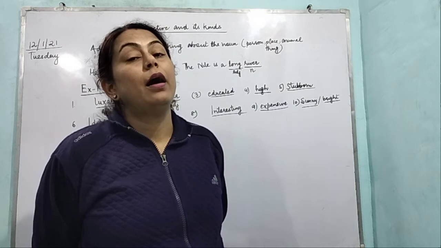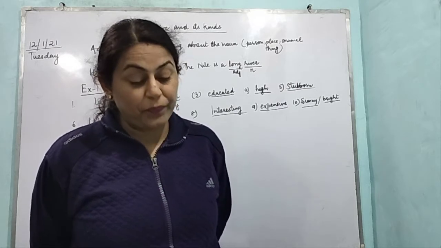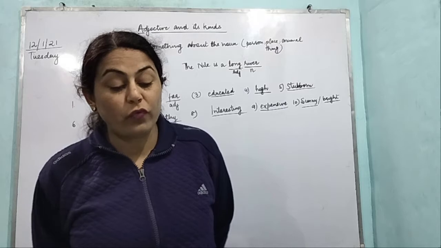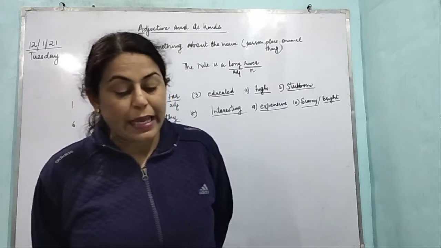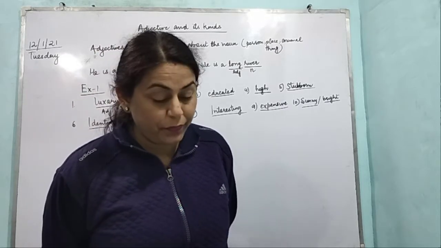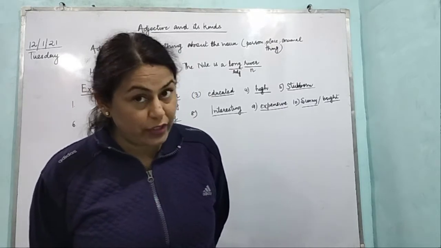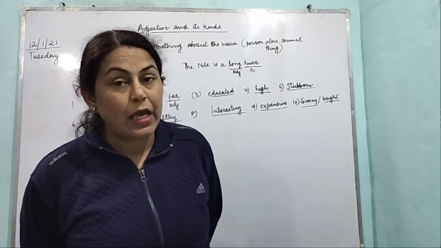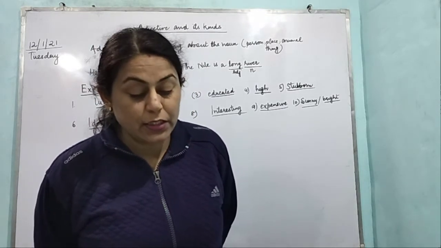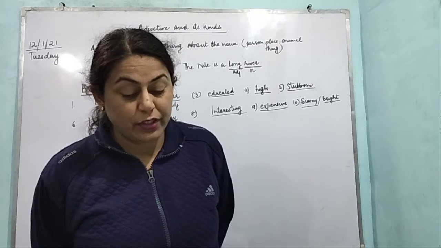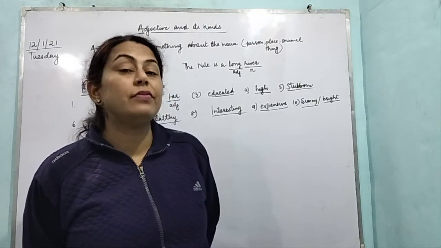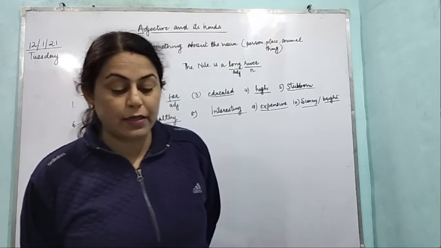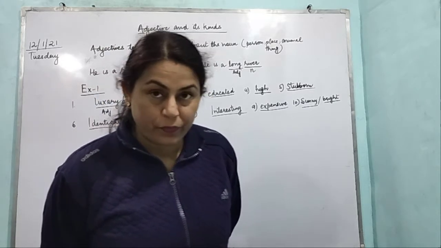Similarly, there are kinds of adjectives also: adjective of quality, adjective of number, demonstrative adjective, distributive adjective, adjective of quantity, interrogative adjective and possessive adjective. So how many types? 7 types, right?